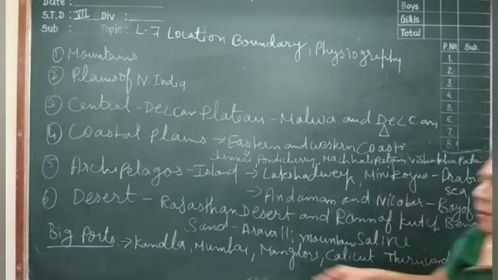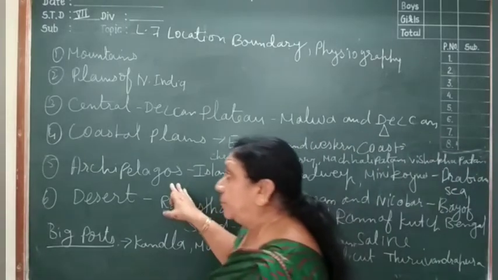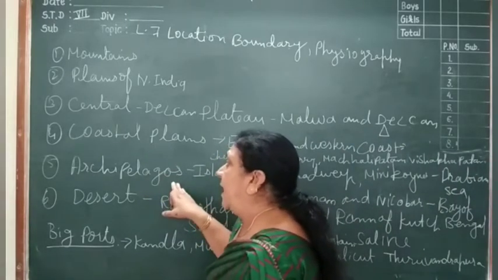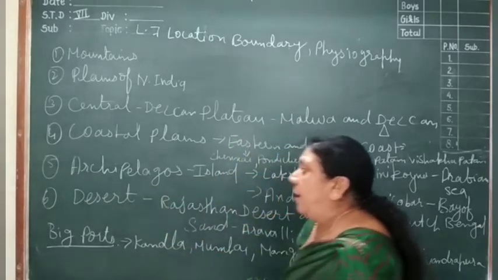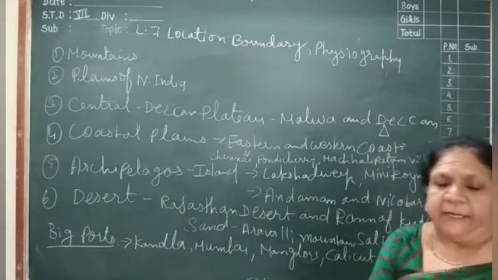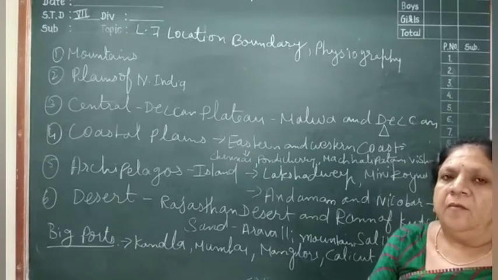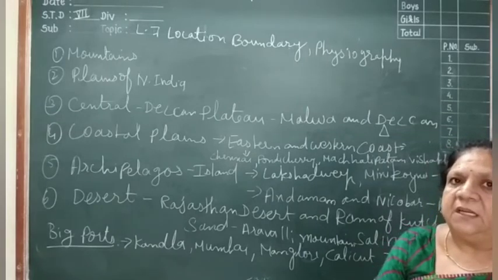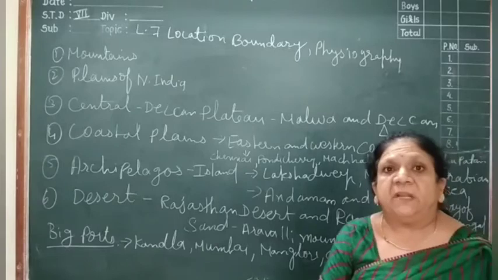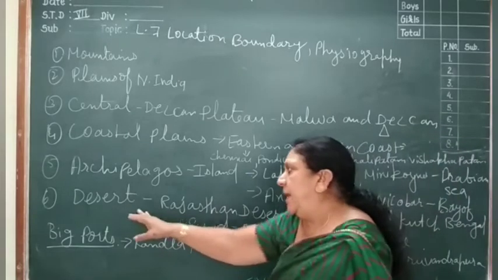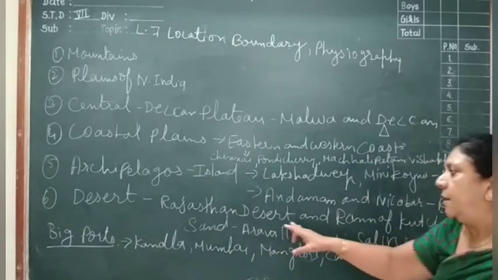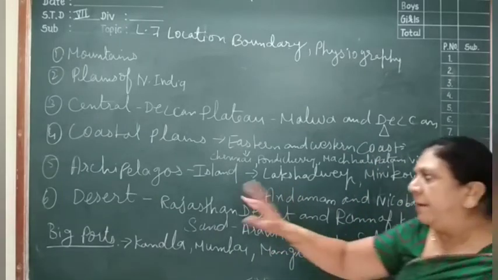So these are some of our plains, some of our landforms. Understand? There are also deserts. In India we have many deserts. The Thar desert is the biggest. In Rajasthan, we have two main deserts.